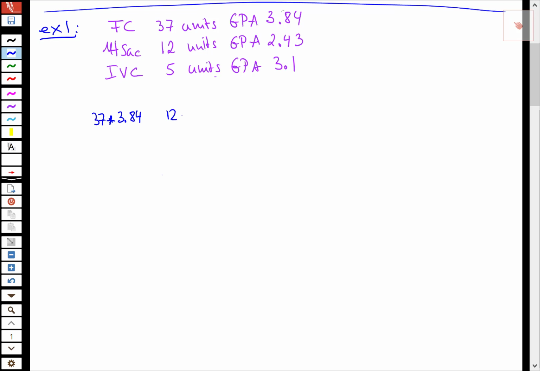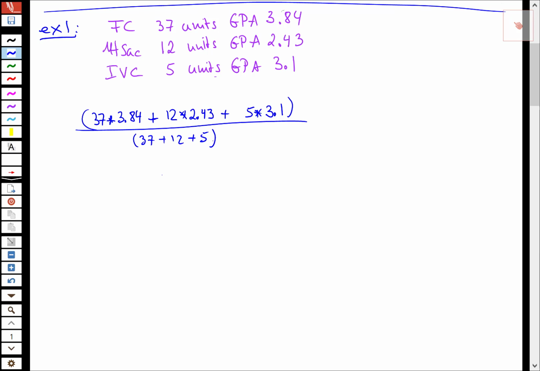So 12 units at Mount SAC times that GPA 2.43, and 5 units at IVC times 3.1 GPA there. And after you've multiplied those numbers, you're just going to add them up and then take that sum and divide it by the total number of units you've taken. So you take all the units and you just add them up.